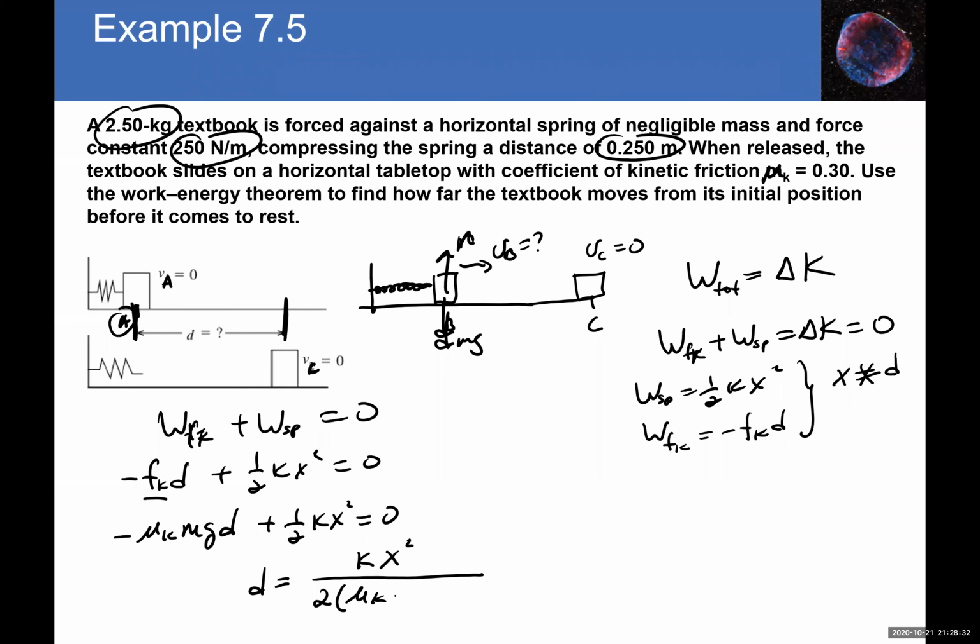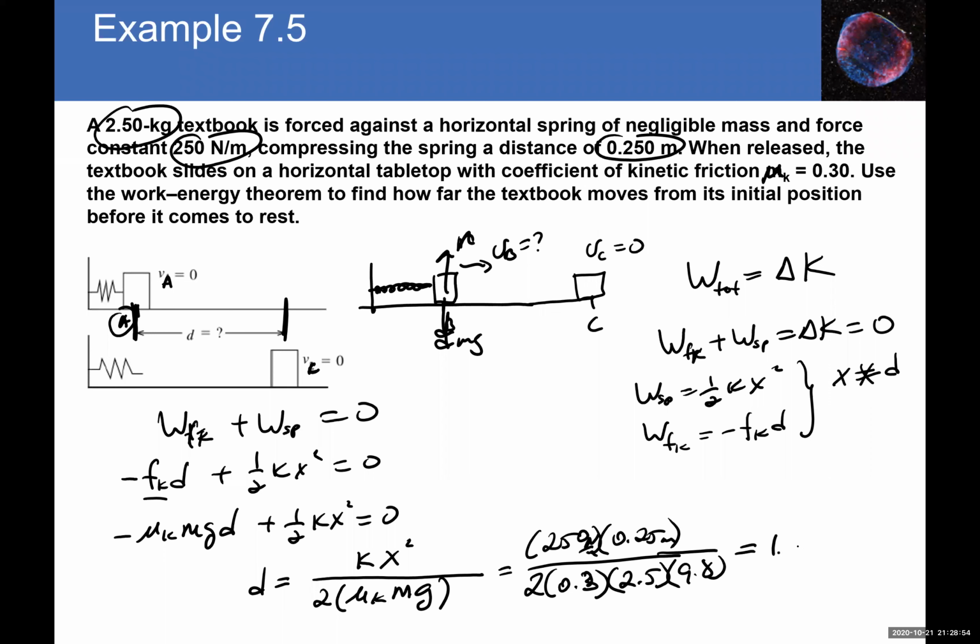Then this will be 250 times 0.25 newtons per meter, over 2 times 0.34 for mu k, 2.5 for the mass, 9.8 for the acceleration, and we're going to get 1.1 meters. That means that's the distance it will travel until it stops. So this is another way we can solve this problem. Interesting problem.